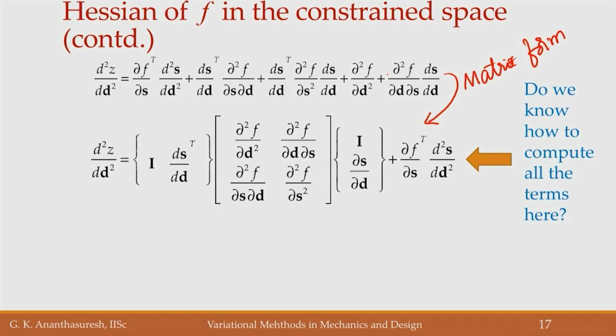If you look at this now, what are all the things that we can compute? We already know this because we had used that earlier, and we know how to get this, that is just differentiating the objective function twice with respect to the decision variables. We can do this, we can do this, we can do this, and as I said, we already have this and we have this. What we do not have is this.